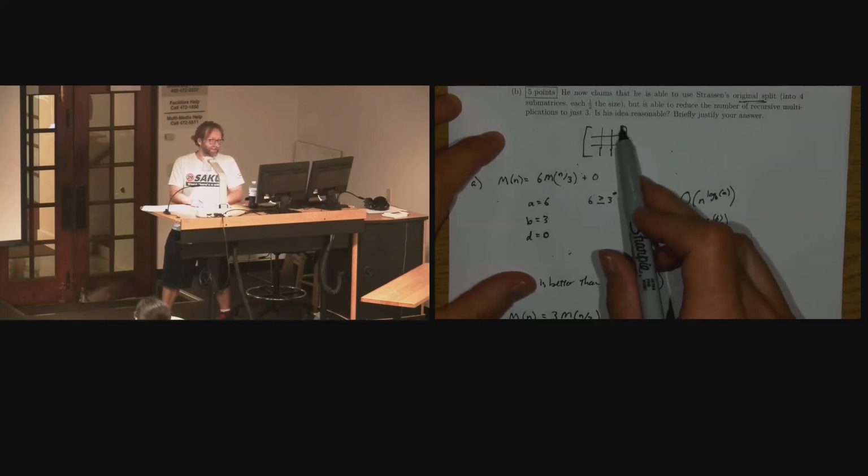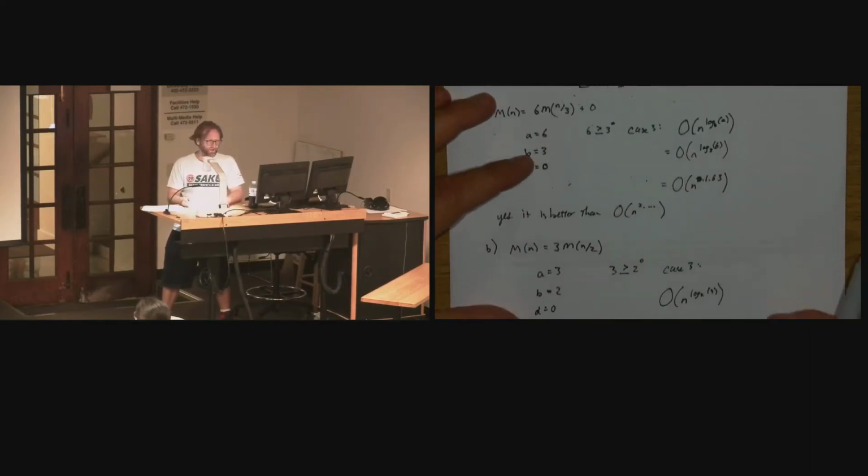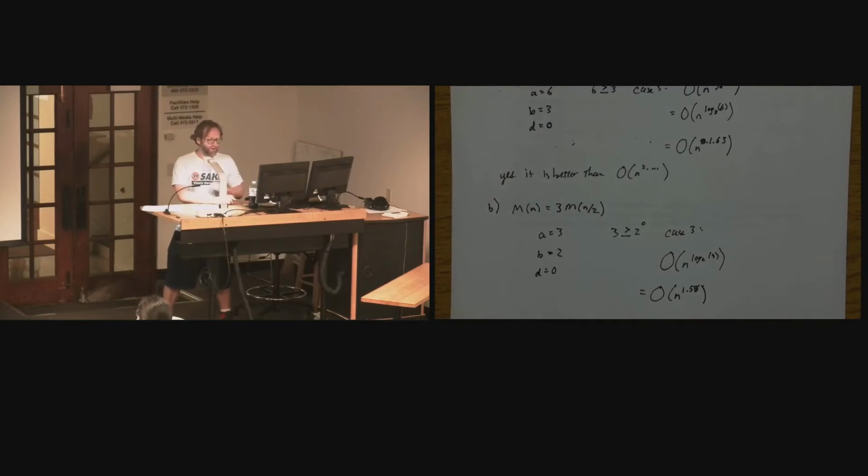So, is his idea reasonable? Are either of these ideas reasonable? How big are the 2 matrices that you're trying to multiply together? They're n by n matrices, so how many entries do you have? N squared. This is sublinear, right?